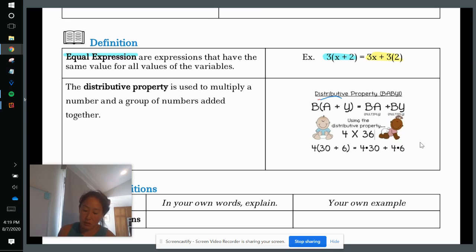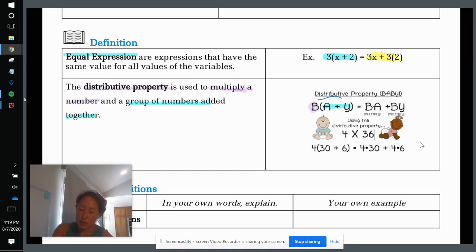Our truly new vocab word is distributive property. This is when we're multiplying a number by a group of numbers that are being added together. Right now we have a number, b, and a group of numbers on the inside being added together, a plus y.